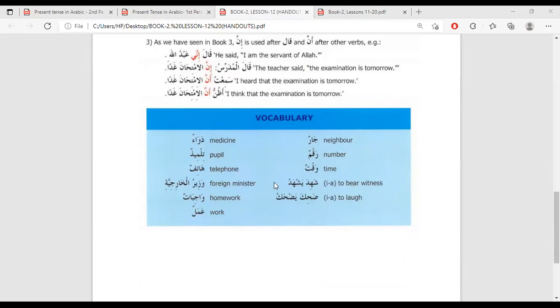Amalun, work. Jarun, neighbor. Raqmun, number. Waqtun, time. And then we have two verbs on the pattern of Samia, yasma'u. Shahida, yashhadu, ضحك, يضحك. Shahida, to bear witness, and ضحك, to laugh.